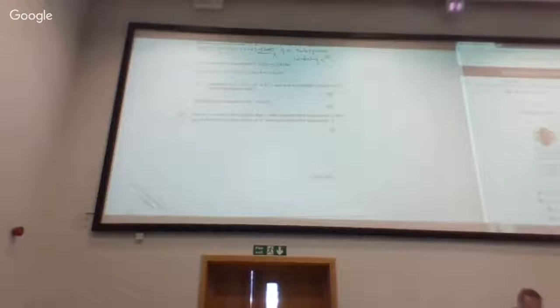So 7 part B is a little proof question on linear algebra. Okay, so what's it asking us to do? It says if an n by n matrix, so a square matrix, has eigenvalue lambda with corresponding eigenvector x, then prove that x is an eigenvector of the matrix A to the power k, corresponding to the eigenvalue lambda to the power k.